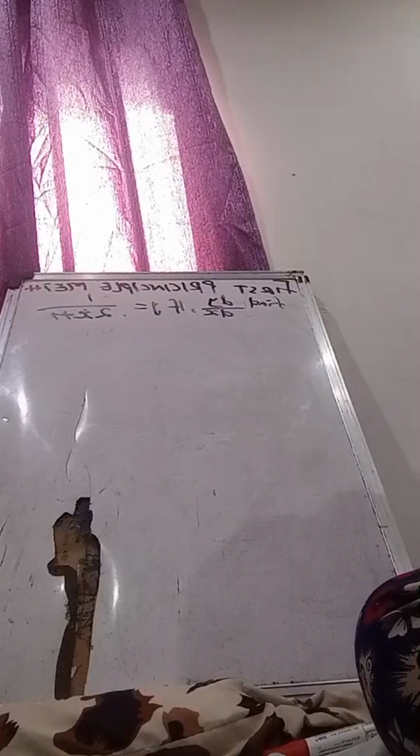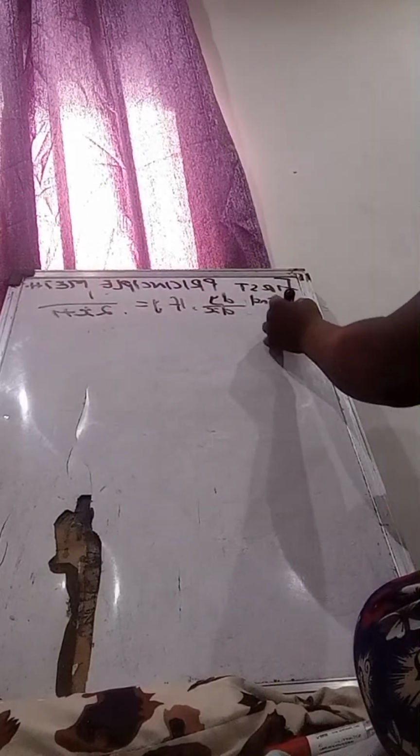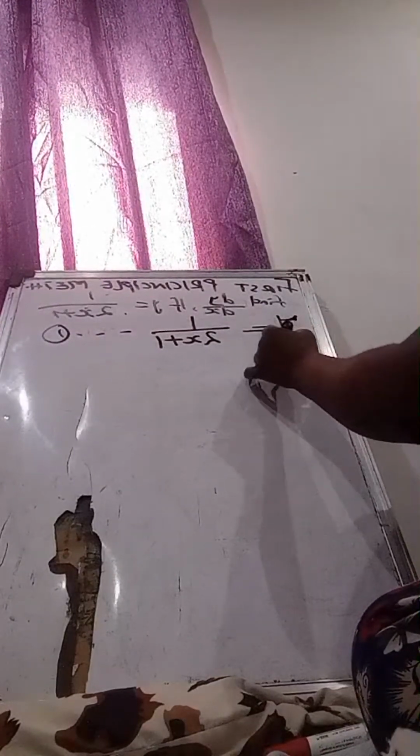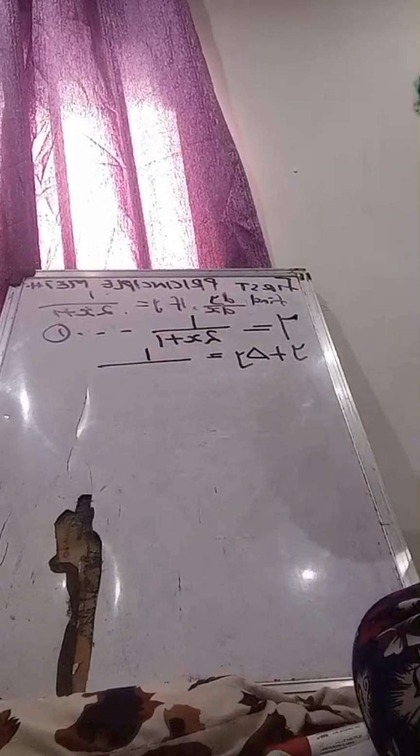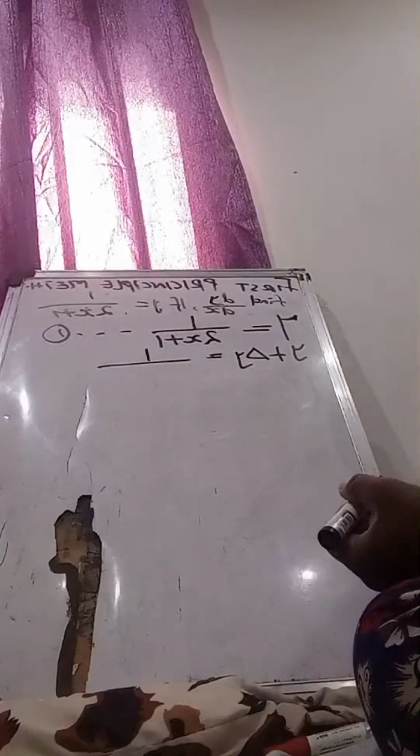The question says we should differentiate y with respect to x if y is this. Then we say that y is equal to 1 all over 2x plus 1. This is equation 1. Then equation 2 has y plus change in y equal to 1 all over. Remember, we are adding change in x anywhere we see x.